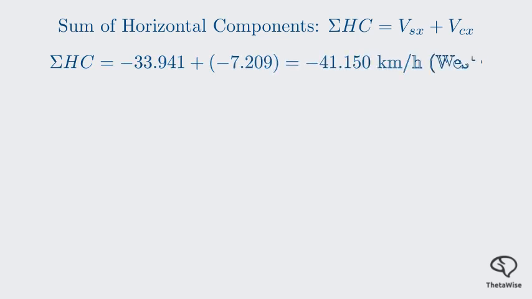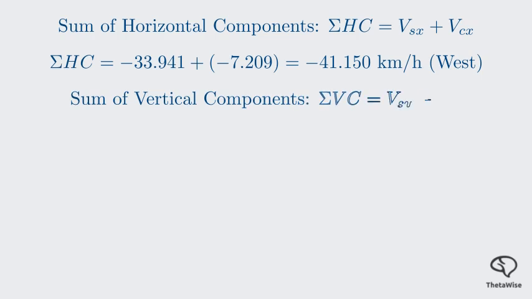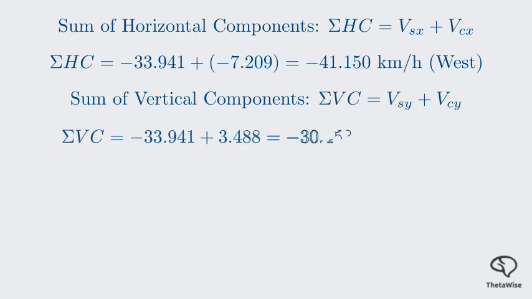This is the magnitude of the horizontal component directed west. Similarly, the total vertical component, the sum of vertical components, or sigma Vc, is the sum of the vertical components. That's negative 33.941 plus 3.488, which equals negative 30.453 km/h. This is the magnitude of the vertical component directed south.